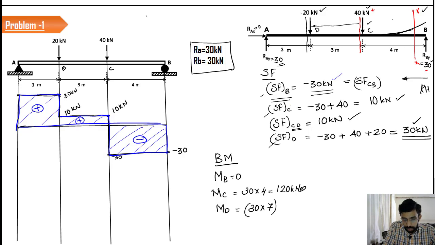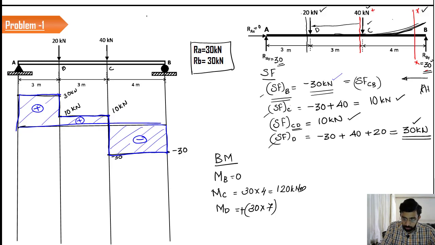That means the net effect is a sagging effect. If you look here, you can see the sagging effect. This is the effect that the load 30 is going to impart on this particular beam. So we have selected the value 30 into 7 as the value of bending moment. Since it creates a sagging effect on the beam, we consider it as positive.